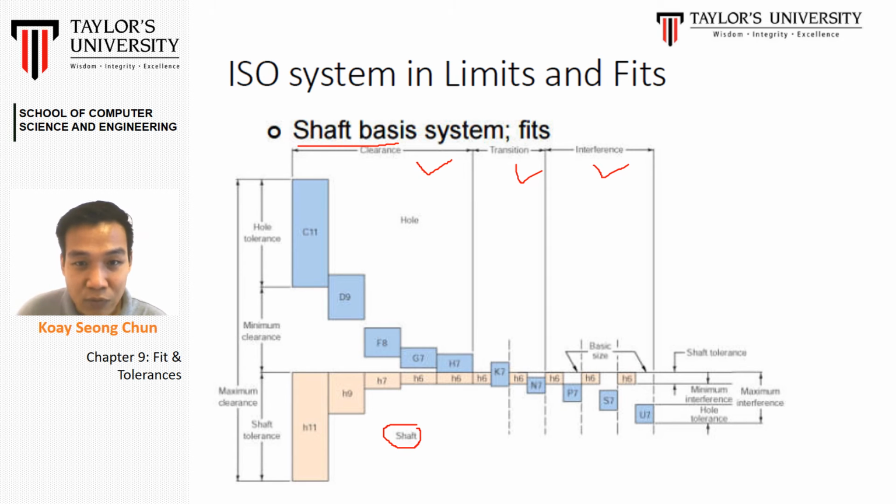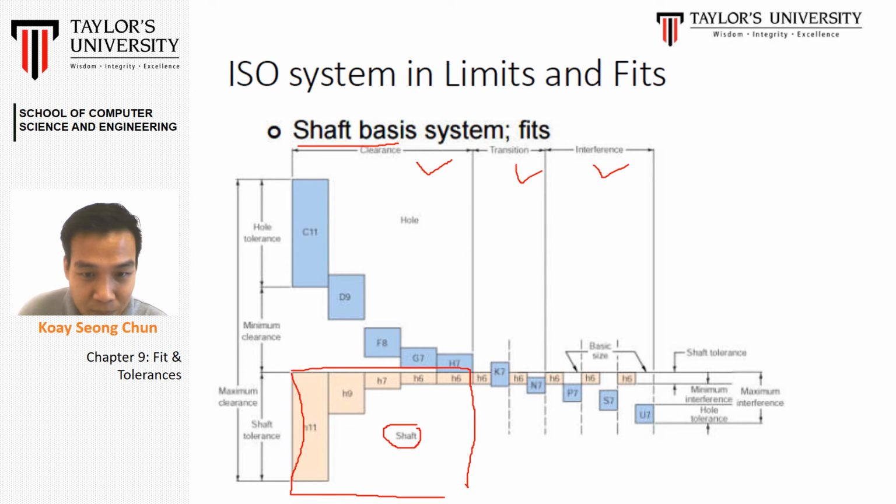Let's say you need a clearance fit, then you may look for the alphabet here, and the alphabet with the different tolerances, then you may see what kind of clearance you need. If you need a bigger clearance, maybe you can set your shaft at H11, then automatically you know that you need to pair with the hole tolerance of C11.